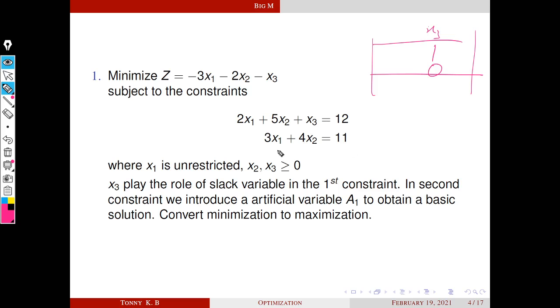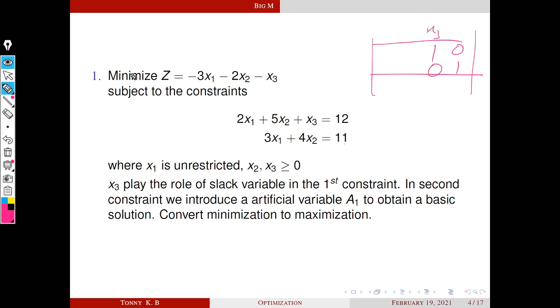And what about the second constraint? In the second constraint, there is no slack variable because it is 3x1 plus 4x2 equal to 11. There is no column like 0 1. So we have to introduce an extra variable, but this is already an equation, so we can't introduce a slack or surplus variable. So here we introduce an artificial variable, a1.